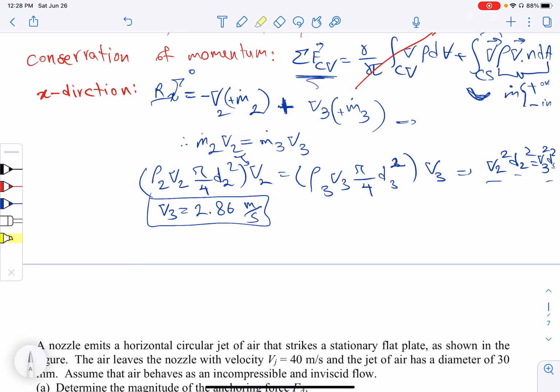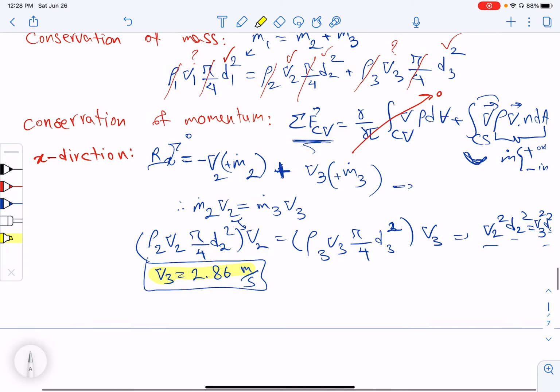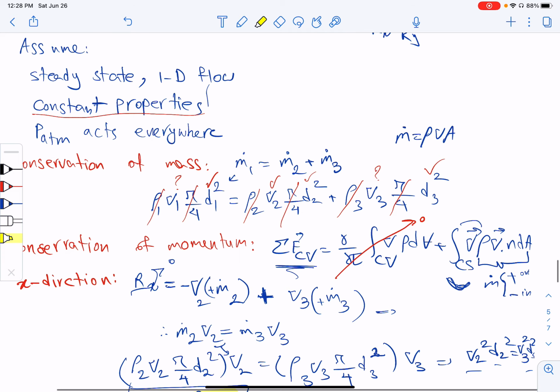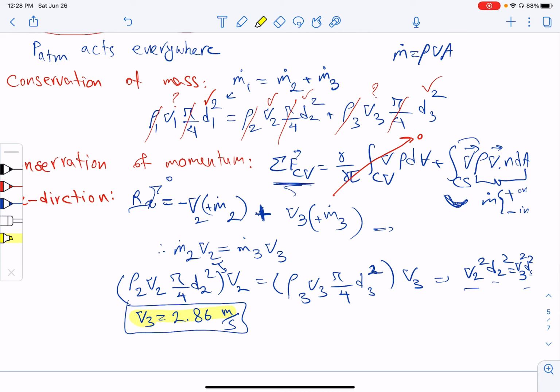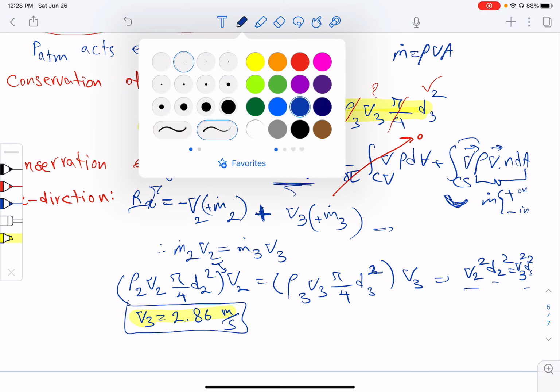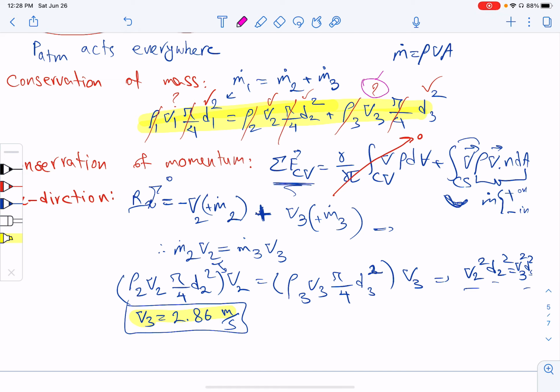So this is the V3 that we found. And we also have this formula that we just found with the conservation of mass. Now we can find V1.